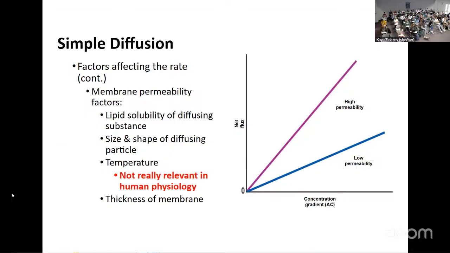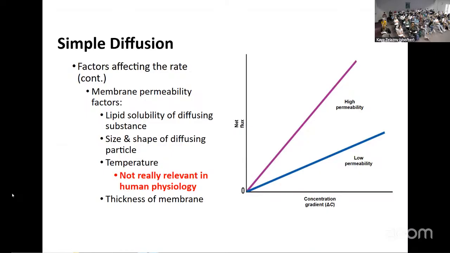In general terms, if we were thinking about chemistry of the system, we also include the temperature, because temperature basically means more molecules are vibrating and moving. So temperature would increase our rate of transport here. However, in your body, temperature is a regulated variable. So that's one of the things that we're maintaining through these homeostatic mechanisms.